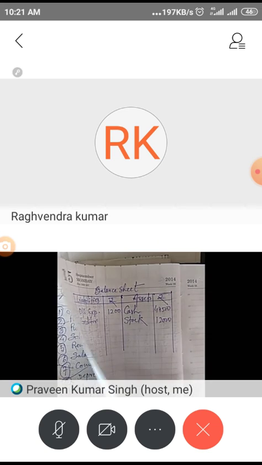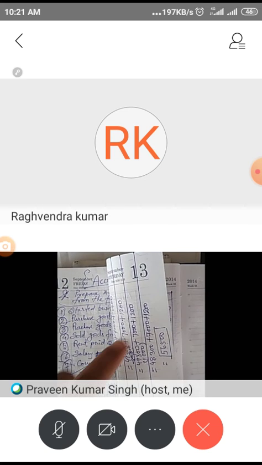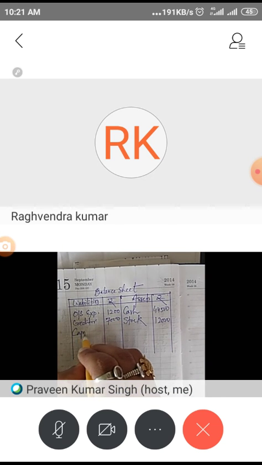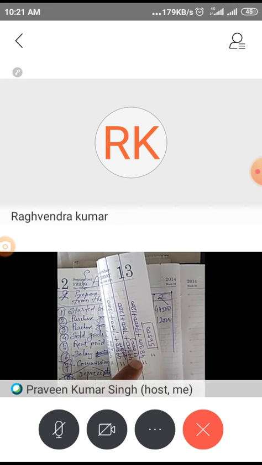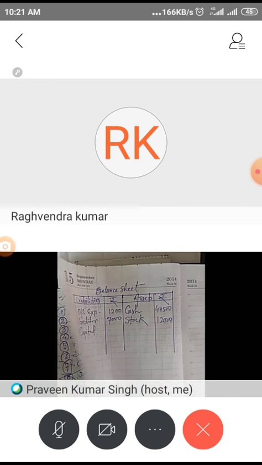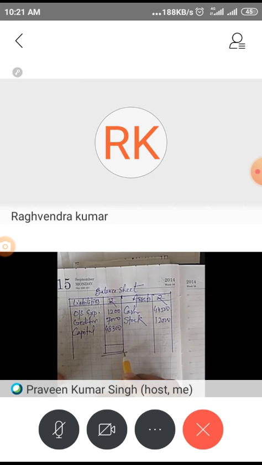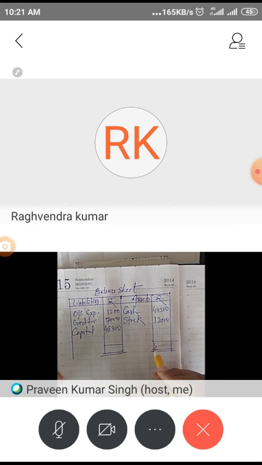Creditor is also given 7,000. Creditor 7,000, and I will write capital also. Our capital is 48,300. So now I will total it and both sides will be equal. The total will be 56,500 and 56,500.